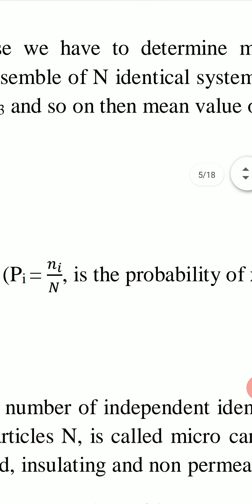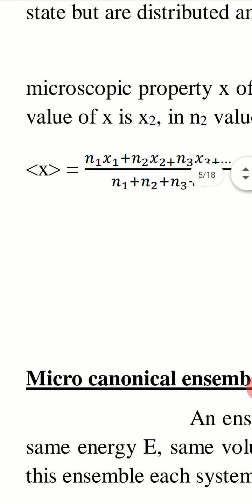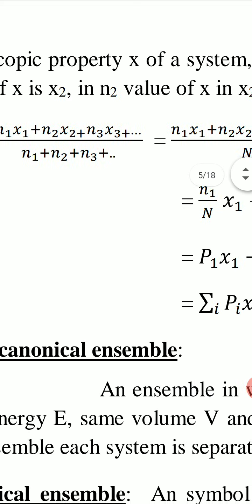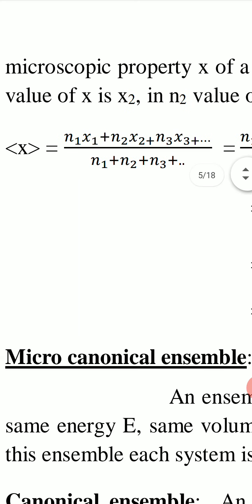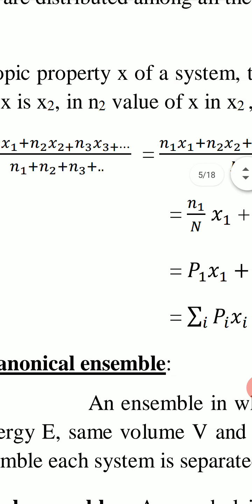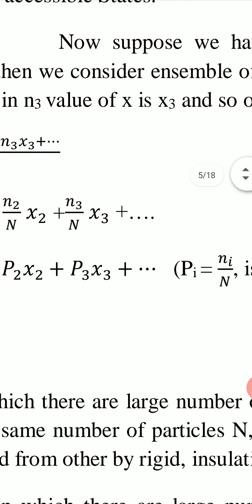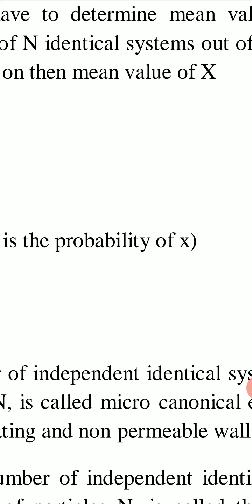Now suppose we have to determine the mean value of some macroscopic property X of a system. We want to find some macroscopic property X of a system. Then we consider an ensemble of capital N identical systems. Capital N is a large number. So we have a large number of identical systems.